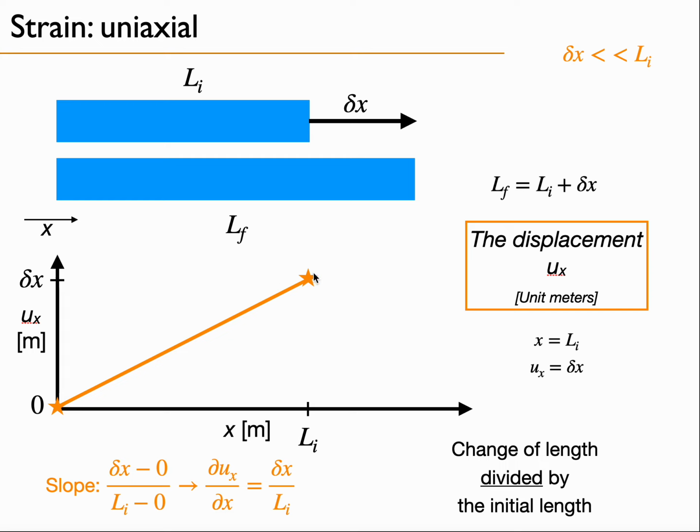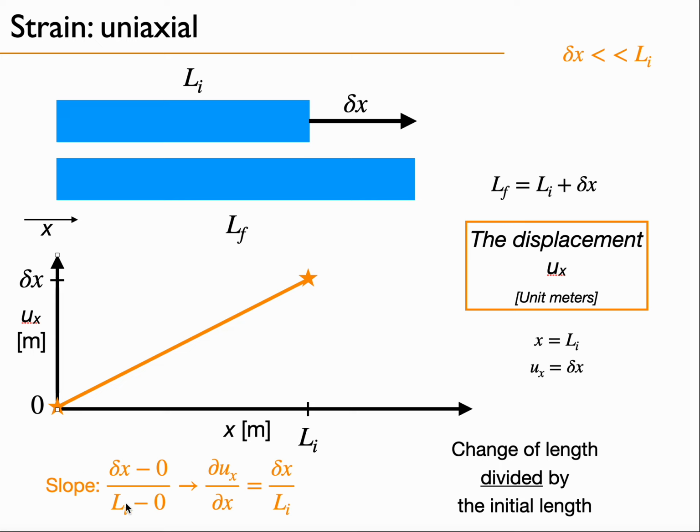So we have a linear function. We compute the slope of this function. So we take this point, the vertical coordinate, delta x, minus this point, 0, divided by the x coordinate of this point, Li, minus 0. This is delta x divided by Li.